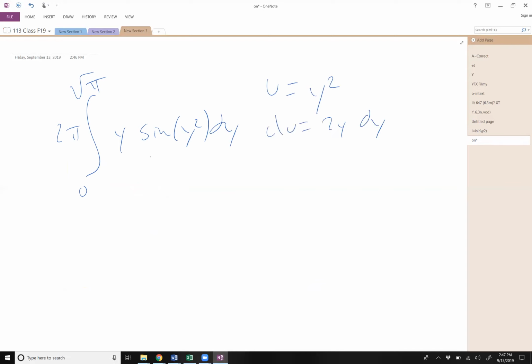I have a y dy, so I'm going to solve for y dy and get du over 2. So my y dy just becomes du over 2, and my y squared becomes u.